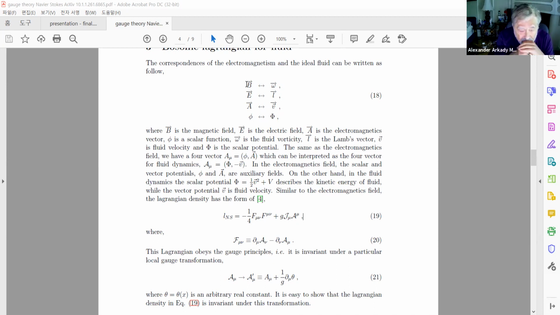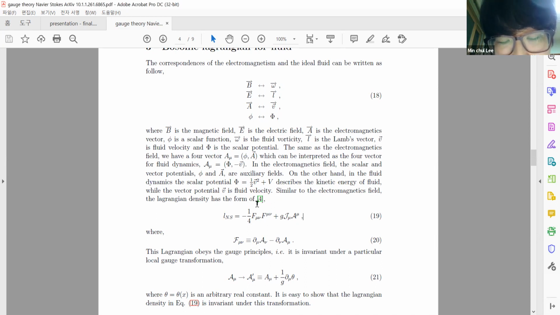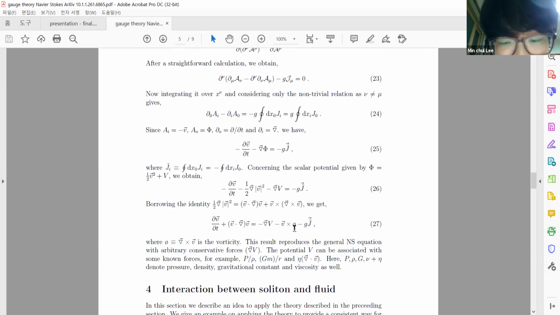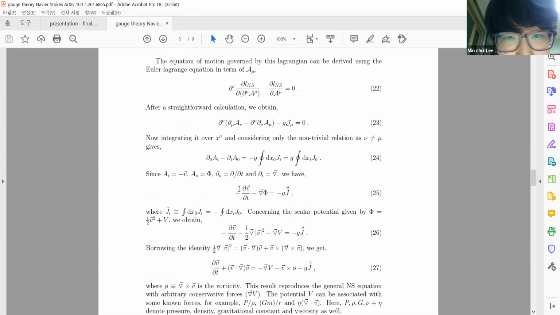I don't see it. Euler. I noticed that the vorticity is a quantity that is gauge invariant. The Navier-Stokes equation in its relativistic form, after some manipulations, contains the vorticity.